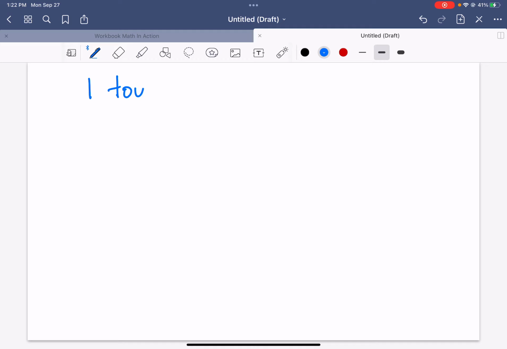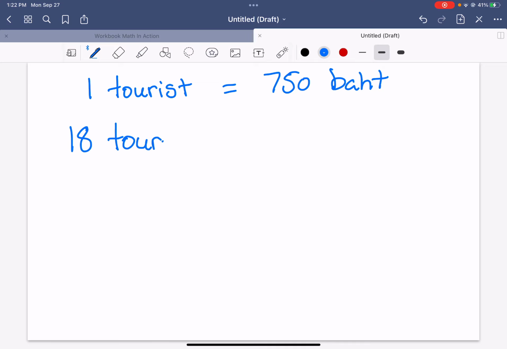So 1 tourist equals 750 baht, right? 18 tourists equal to how many baht, right?